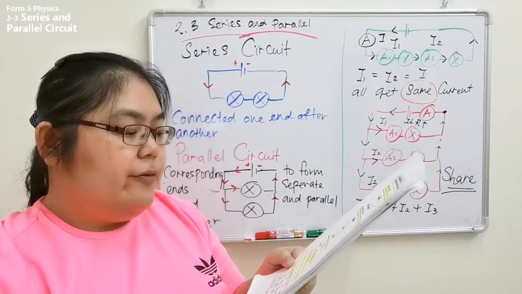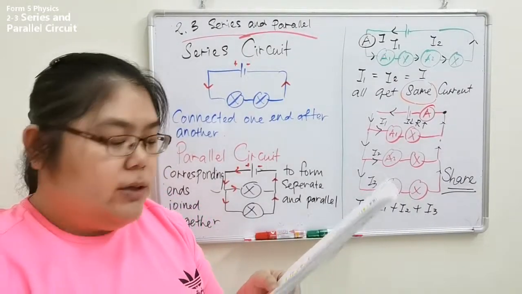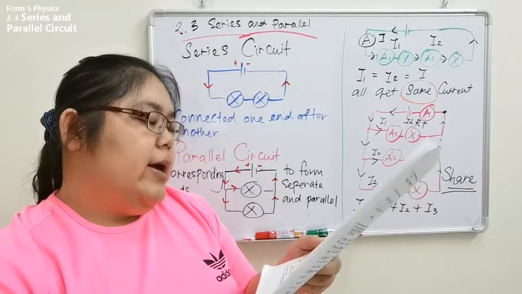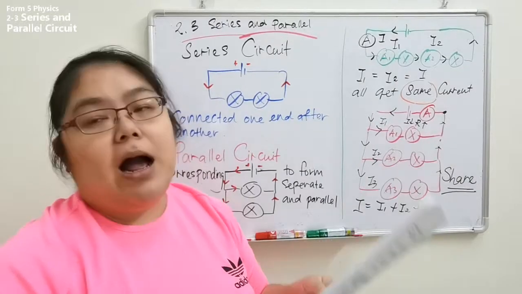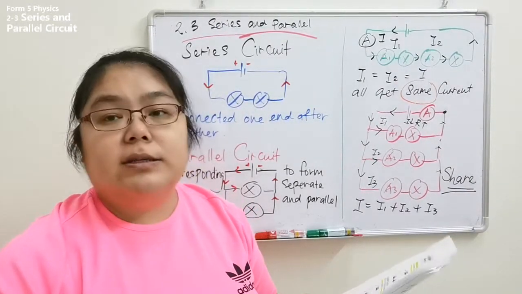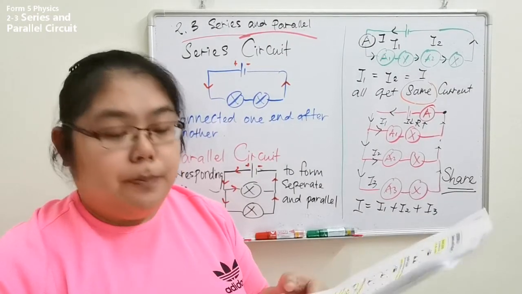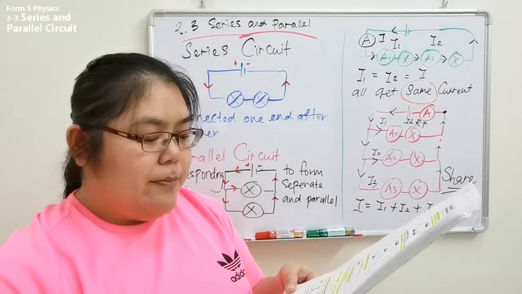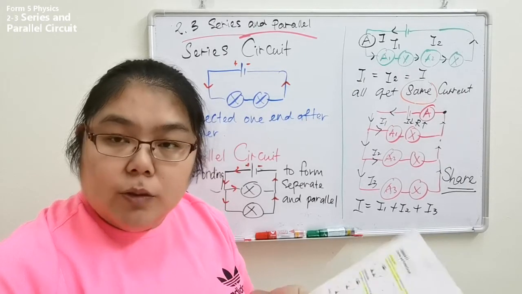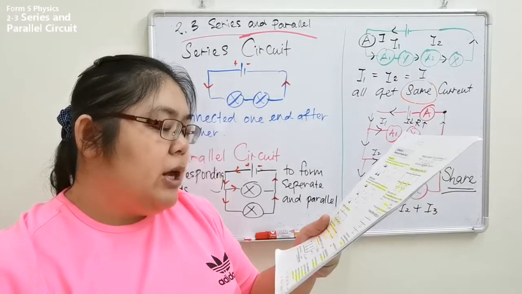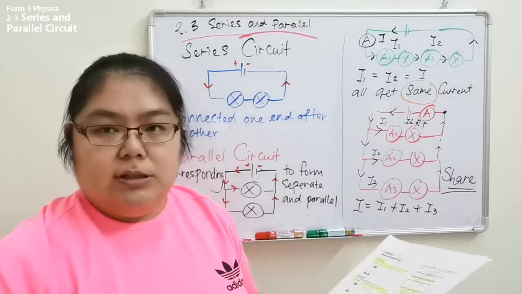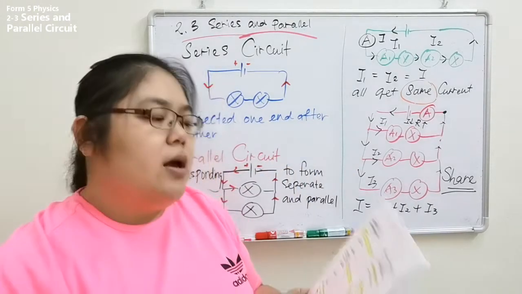Now we go and see the formula. The formula is already given, so remember the formula. After that, the following diagram is the current flow in a parallel circuit, with bulbs connected in parallel. The current from the battery needs to split and share into separate branches. Every branch is different.